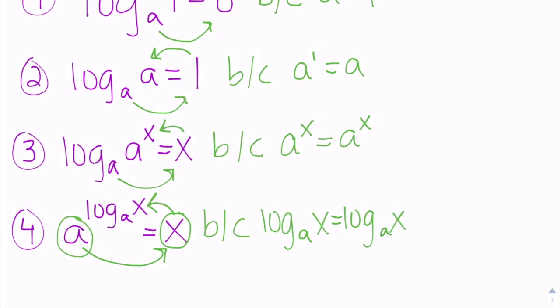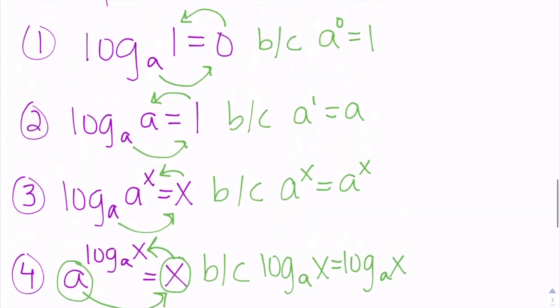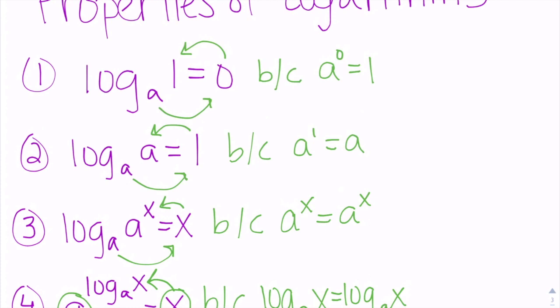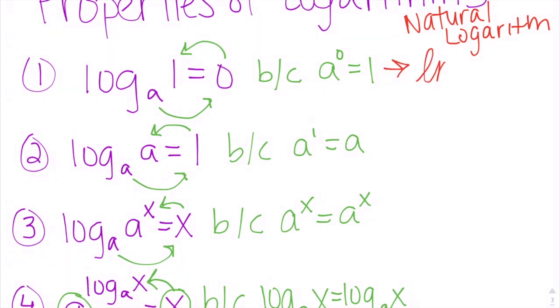Now we have all of these properties, but we want to remember that they also hold true for natural logarithms, so let's look at what they would look like. The natural log of 1 is equal to 0, so ln 1 equals 0.